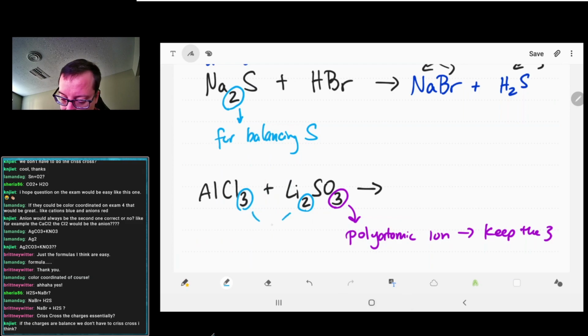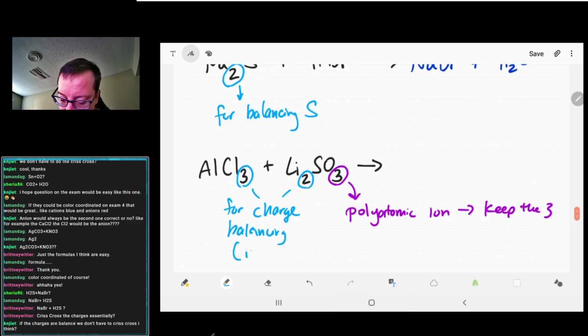These ones are for charge balancing, which means we ignore them. The crisscross is just for the purpose of charge balancing. So it's important that we can identify whether a subscript is part of a polyatomic ion or if it's just there for charge balancing purposes.